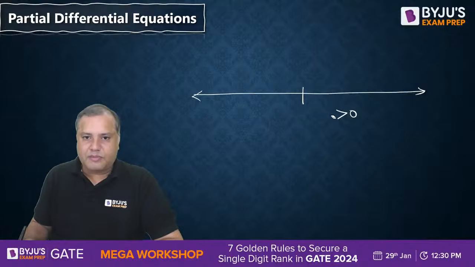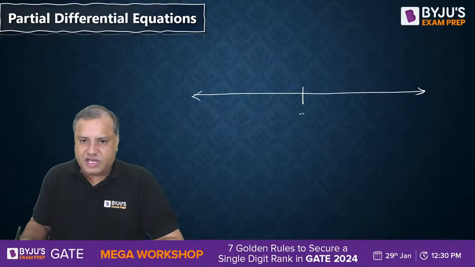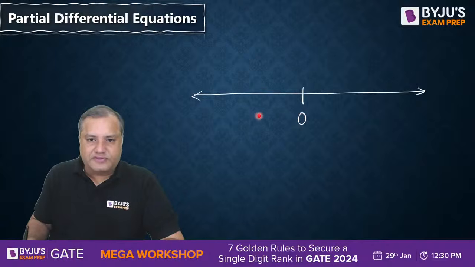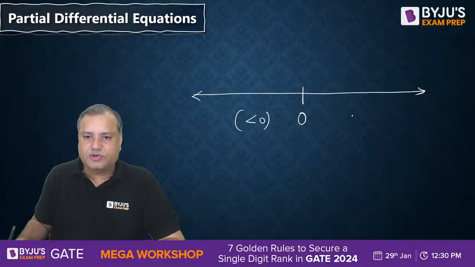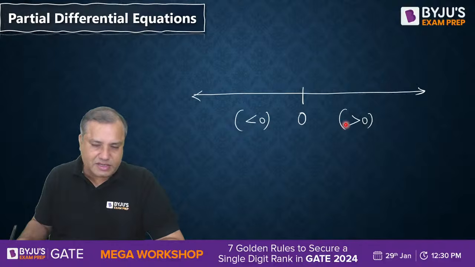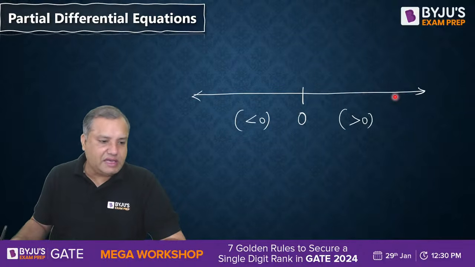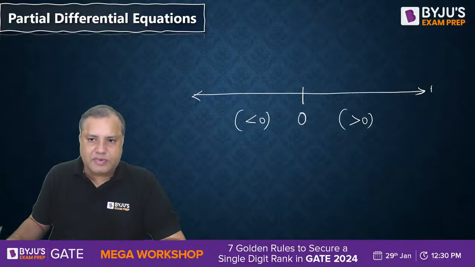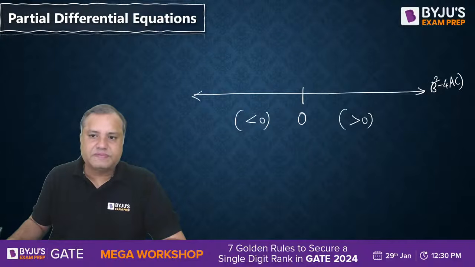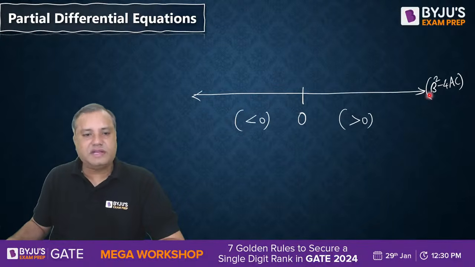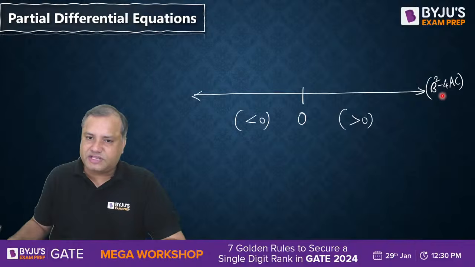On the number line there is a 0. On the left side of 0 you have negative values. On the right side of 0 you have positive values. Correct? So this number line is tracking what? This number line is tracking b square minus 4ac.